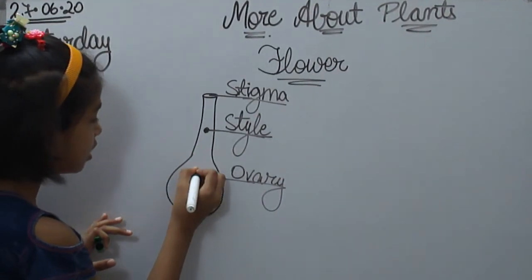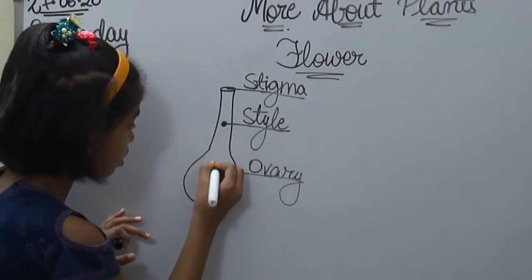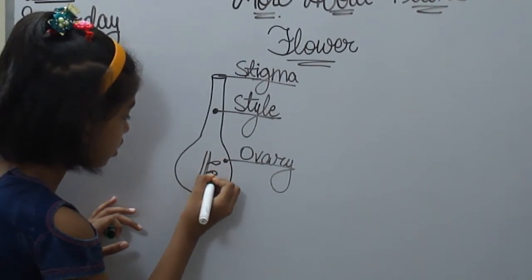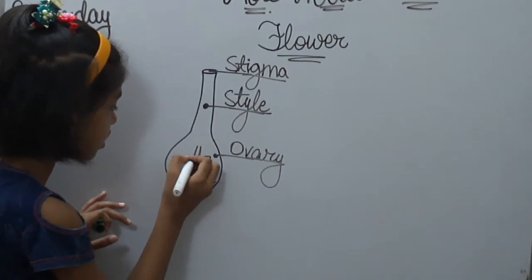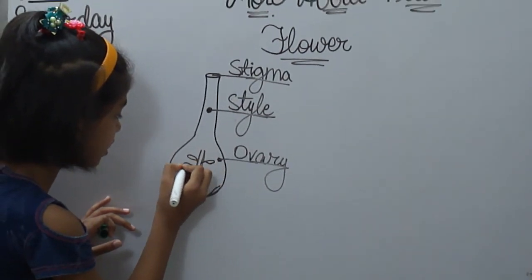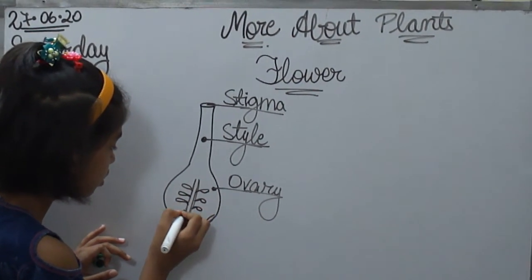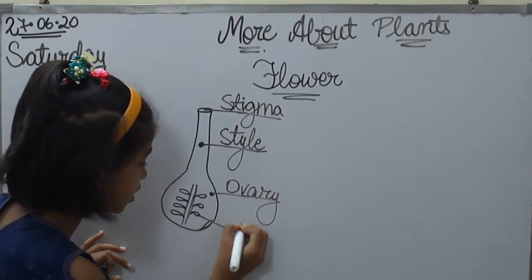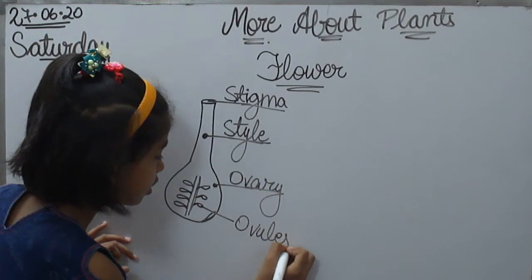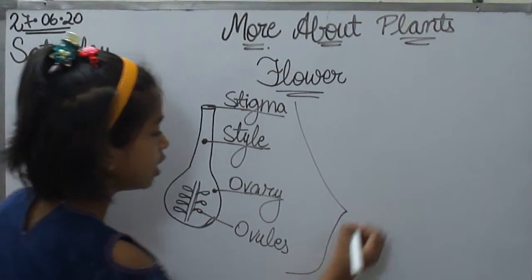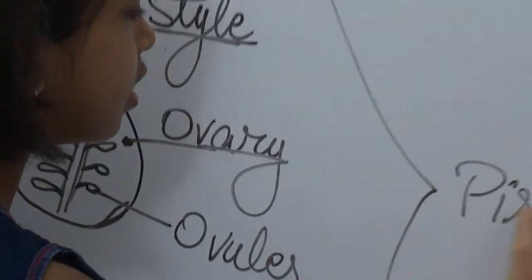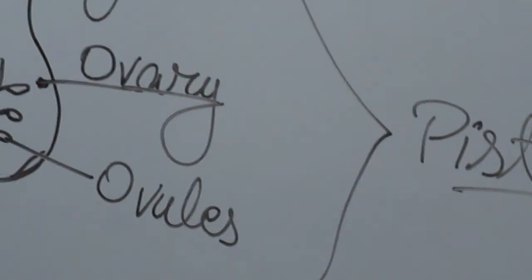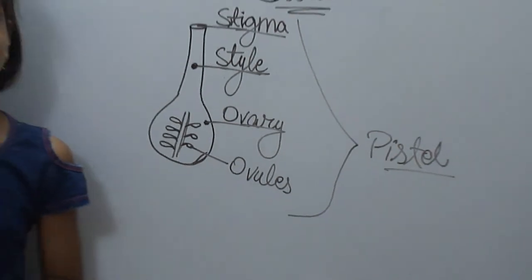Now here are the ovules. How do these look? If you search that out on the net, you can see that also. They look something like this. So these are the ovules. And this wall is the pistil. You can see these out.